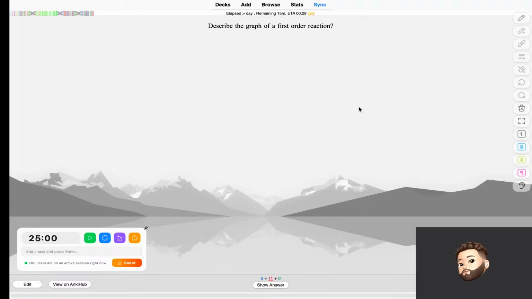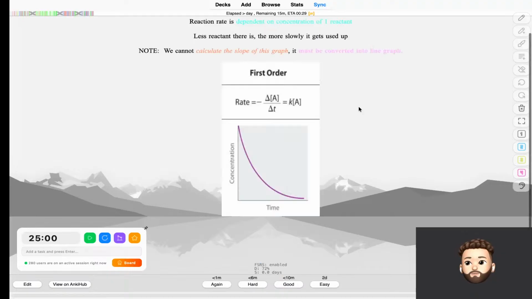Describe the graph of a first order reaction. You can't find the slope directly, so you need to take the natural log to turn it into a line graph. As the concentration of that one reactant decreases, the reaction rate slows down.